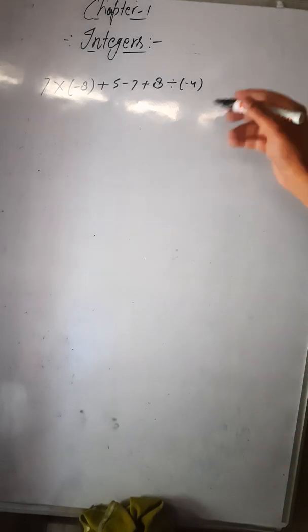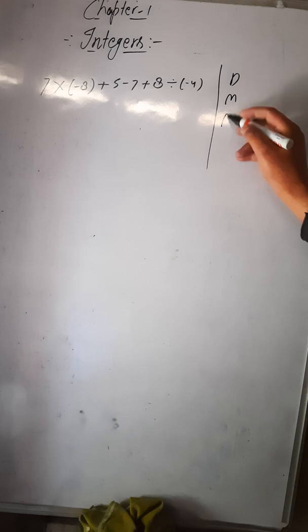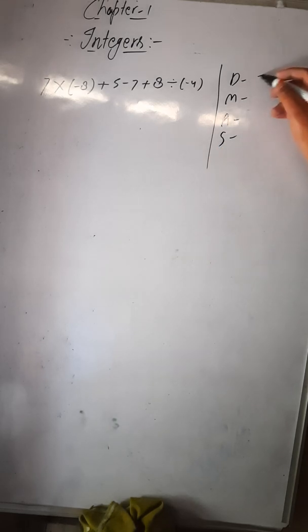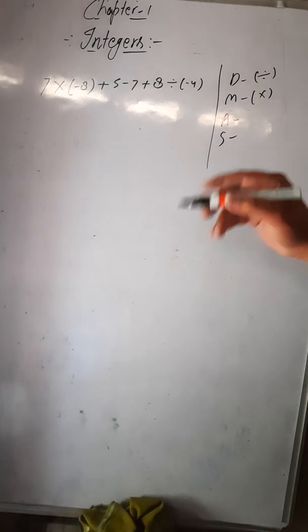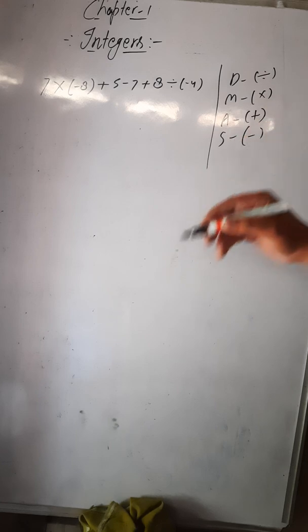You will use the DMAS rule. D stands for division, M stands for multiplication, A stands for addition and S stands for subtraction.